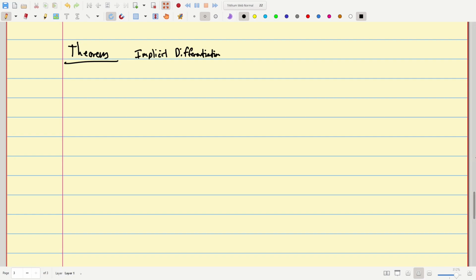So we have our expression z equals f of x, y. This is differentiable, and a more precise statement of the theorem is in the online notes, but I'll copy a little bit of information here.